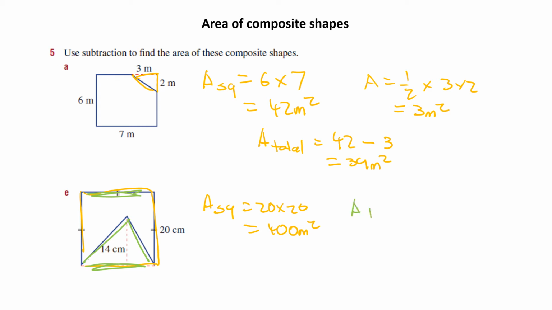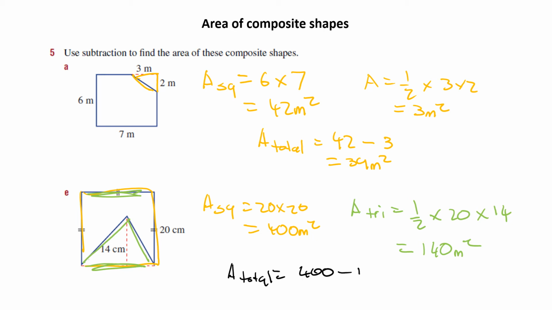So area of triangle is half times my base, 20, times 14. 20 times 14 is 280, and I'm going to divide that by 2, so I'm going to get 140 meters squared. So my area total is going to be equal to 400 minus 140, so it's going to be 260 meters squared.